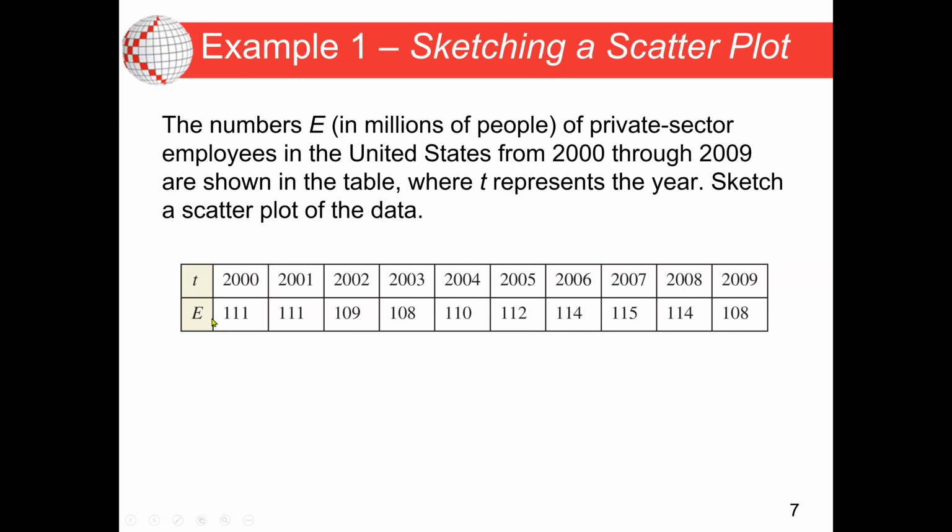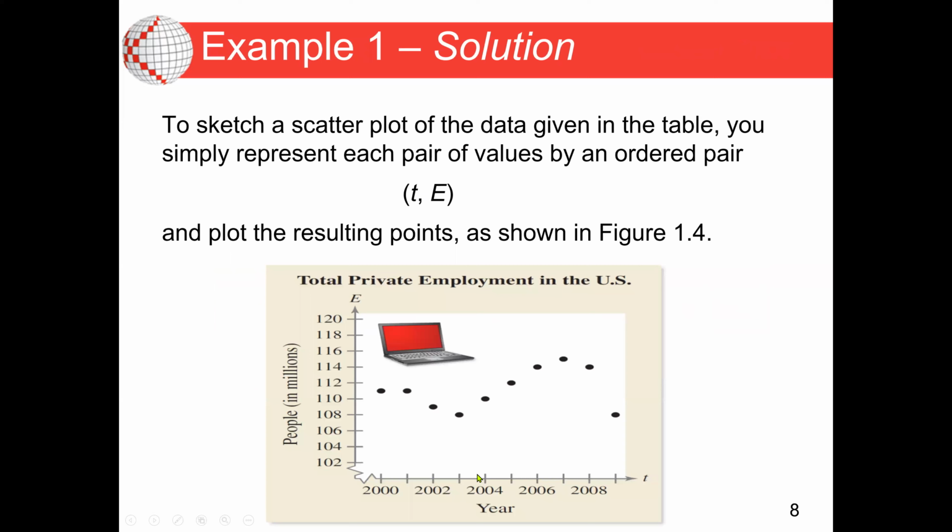Between 2000 to 2009, did the employees in the United States private sector increase or decrease? If we have the data for each of the years from 2000 to 2009, then we can visualize the data by plotting. So here, when we plot, this is what we see. We saw that from 2000 up to 2003, the employment in the private sector in the US was going down.